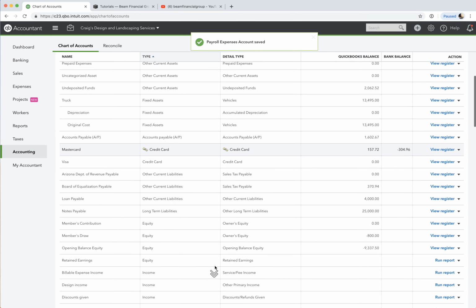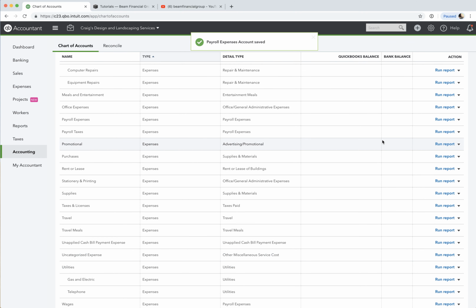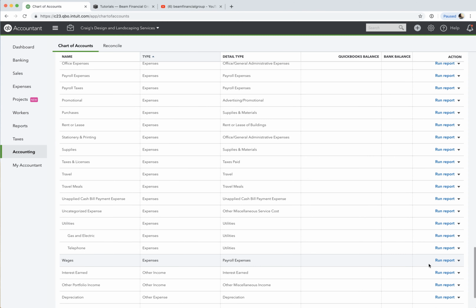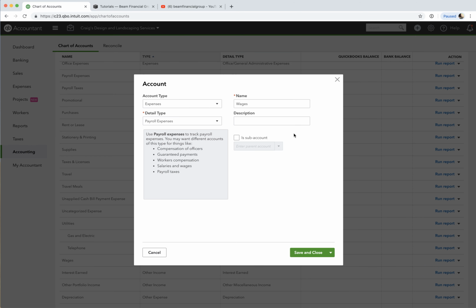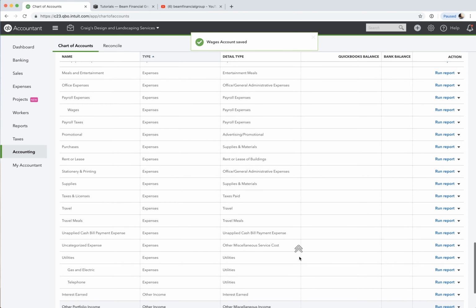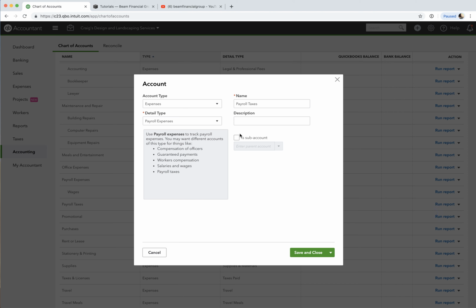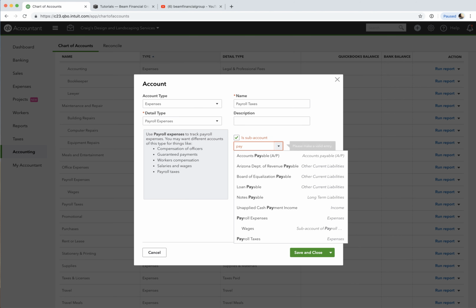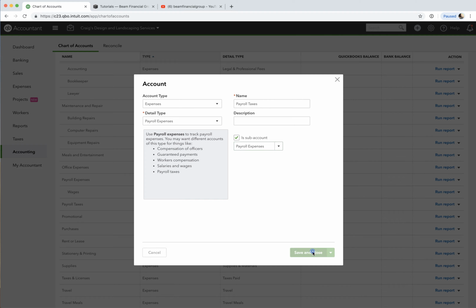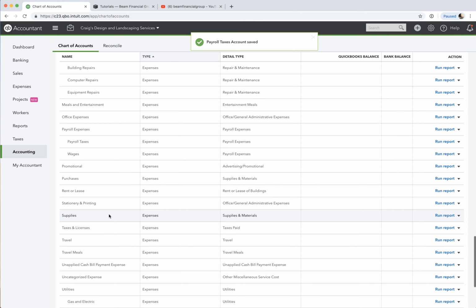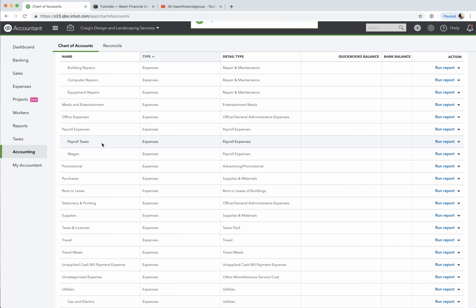And then I'll put those two accounts that I just created. Wages was one. I'll put it as a sub account of payroll expenses, just so we have it in one place. And let's grab that other one, which was payroll taxes, under payroll expenses. So now if we scroll down here, we'll see payroll expenses, and then underneath we have payroll taxes, which again is the employer portion of the tax, and then wages.